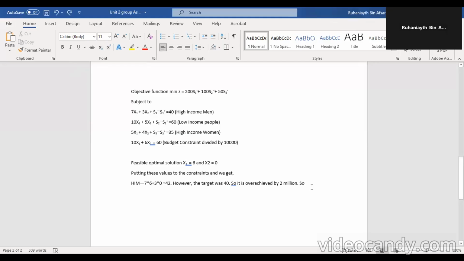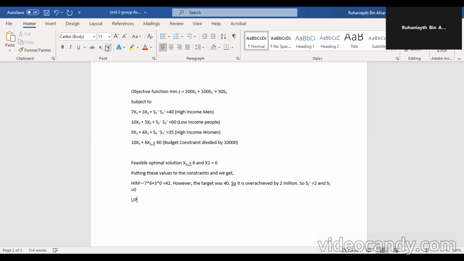As it is overachieved, the s1 positive value is equal to 2 and s1 negative is equal to 0. Perfect.